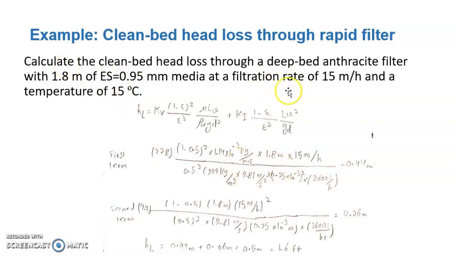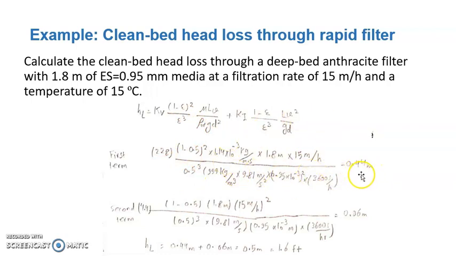And then we have the depth of the filter, which is 1.8 meter, and the filtration rate, which is 15 meter per hour. Porosity, diameter, density of water, we just plug in all of the numbers.